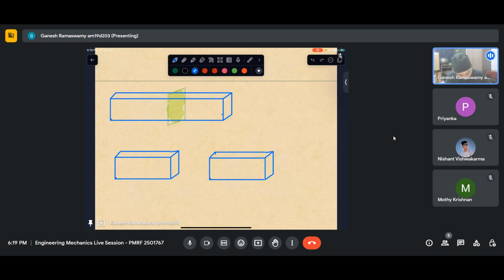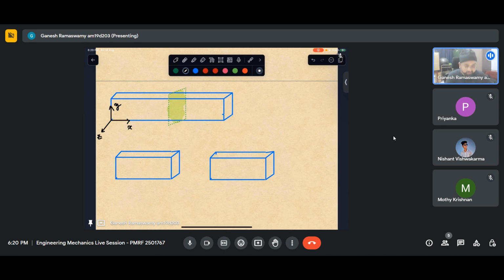Now let us say that I have my coordinate system like that. Let us say this is X, this is Y, so I'll have Z pointing in that direction. Now every surface is characterized by its outward normal.